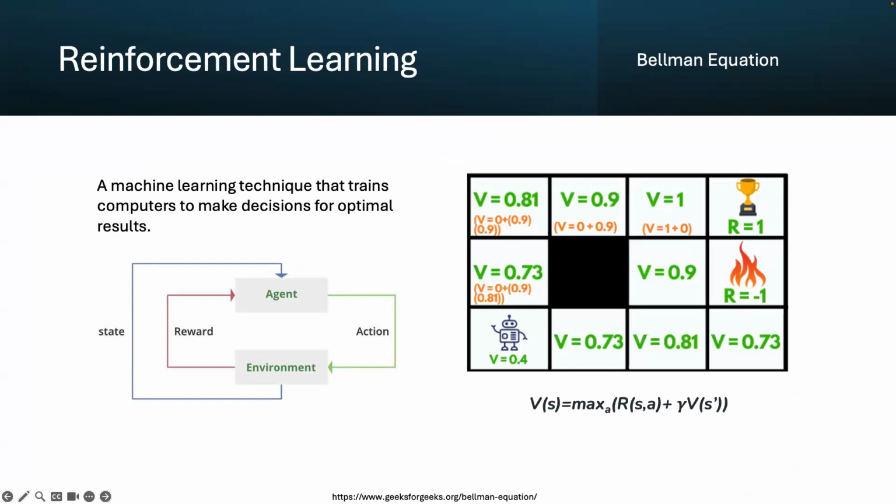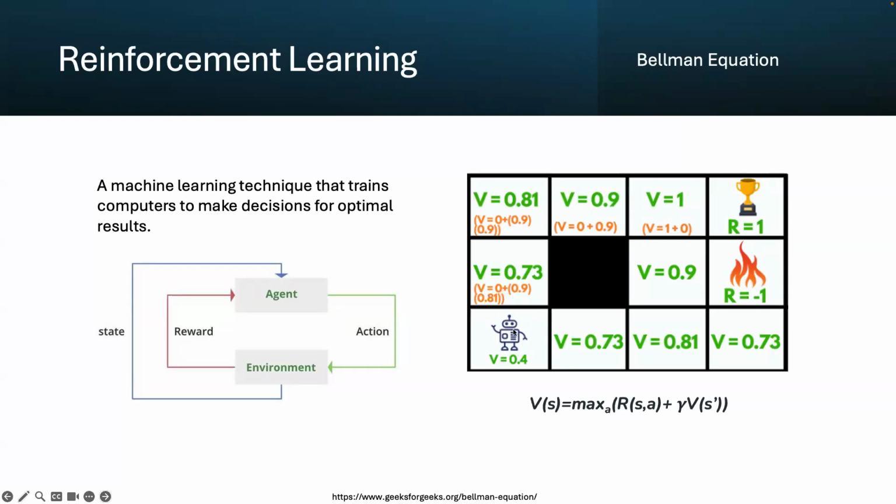At each cell, the computation would decide what is the appropriate step to take. So as this particular robot moves from the lower bottom cell to the rightmost, it has to decide which is the right path to go. Okay. And certain cells has to be avoided.